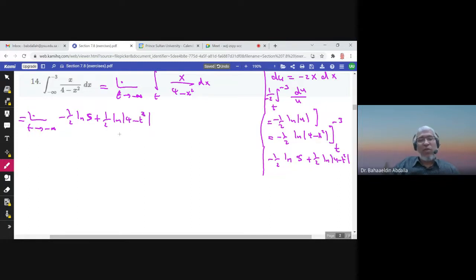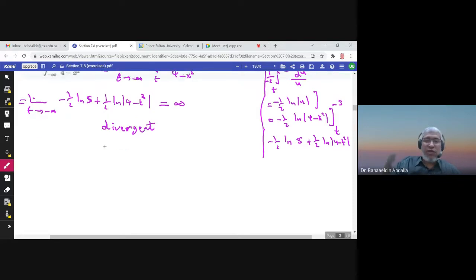Now if I replace t with negative infinity, then I'll have 4 minus infinity, so it's negative infinity, absolute value infinity, ln of infinity is infinity, so everything would be infinity, and the integral is divergent.